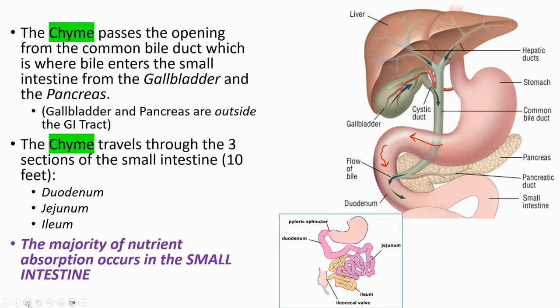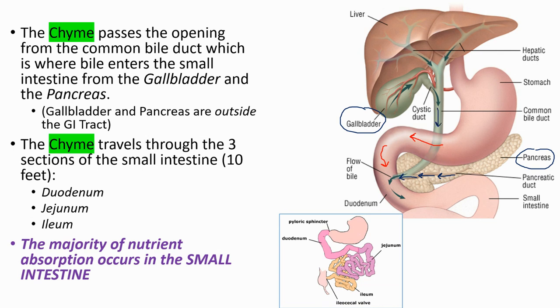Now, I'll change colors here. You also have right here your pancreas and your gallbladder secreting material as well. So you're going to have material coming up through here from that pancreatic duct. It's going to empty into that small intestine right there.